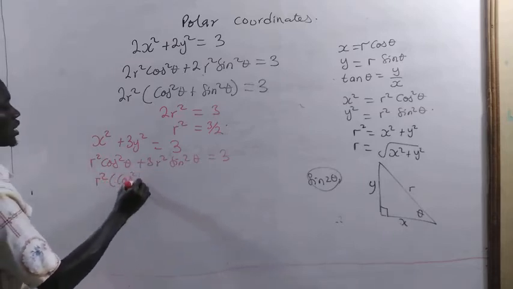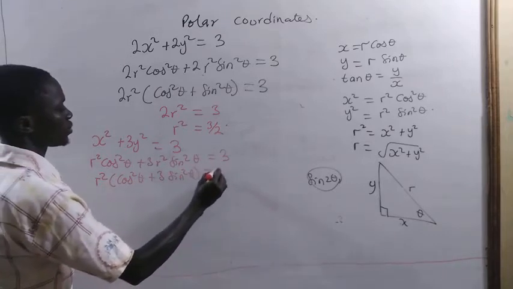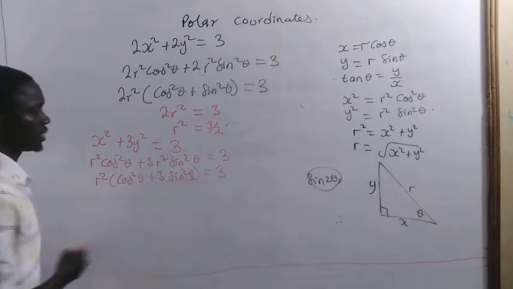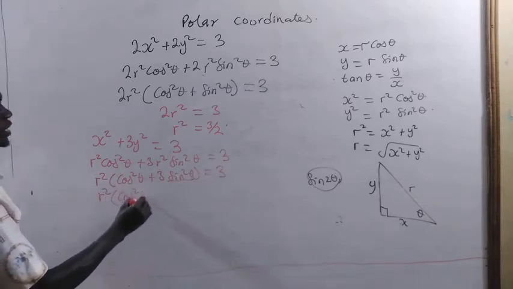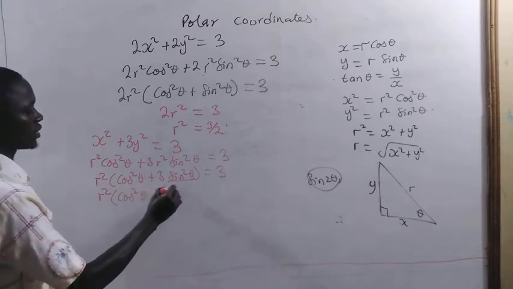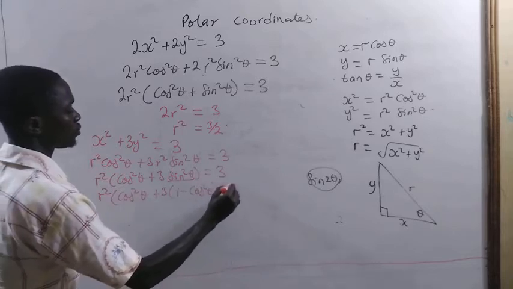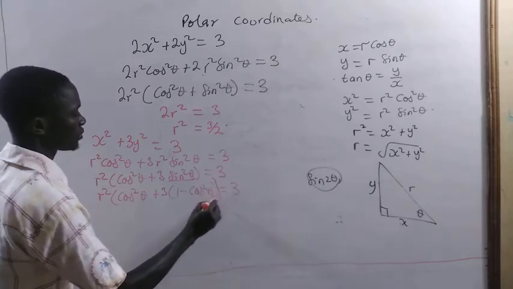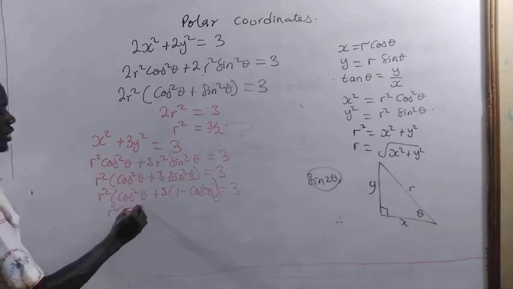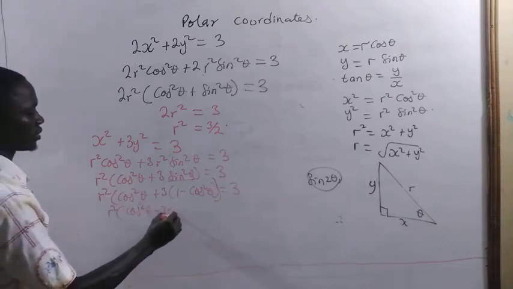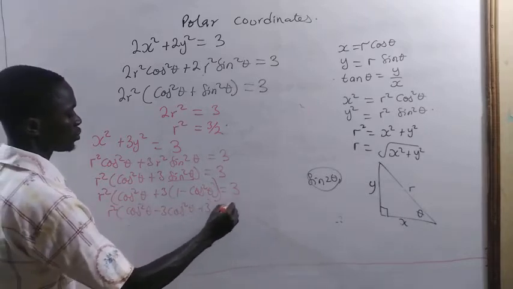We write cosine square theta plus 3 sine square theta equal to 3. And let's put in sine square theta. We have r squared into brackets, cosine square theta plus 3 bracket 1 minus cosine square theta equal to 3. This will give us r squared into brackets, cosine square theta minus 3 cosine square theta plus 3 equal to 3.